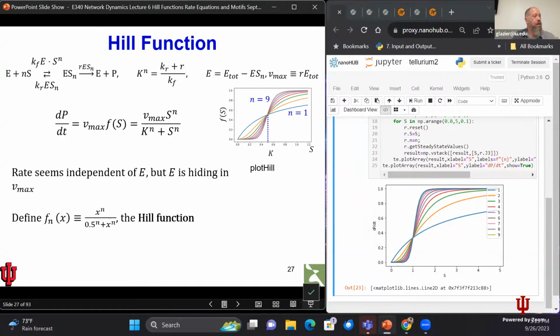And I have a different version of this here, defined in a function which I called plot hill, plotting essentially the same thing that we've got here on the screen, although with a lot more elegant code. And again, the median value of K, that half maximal value, here I've defined K to be 1/2, and this is known as the Hill function.